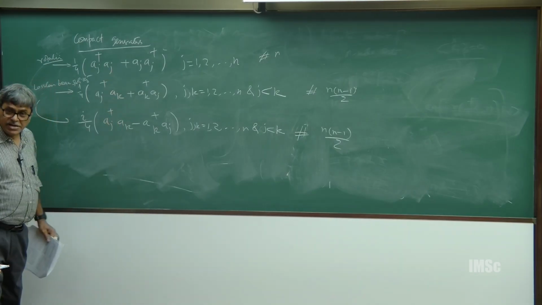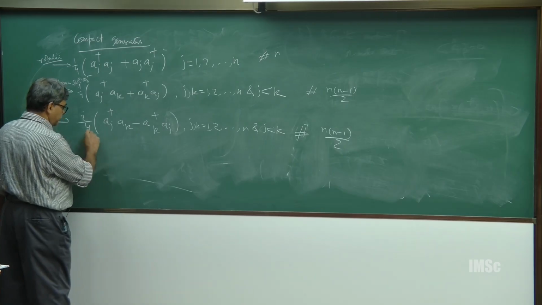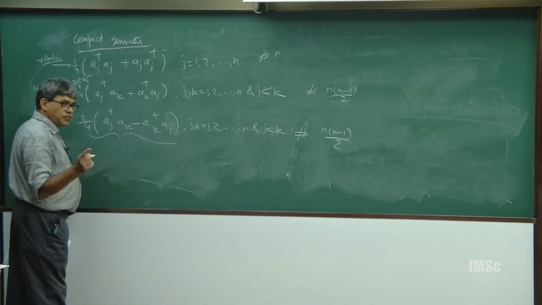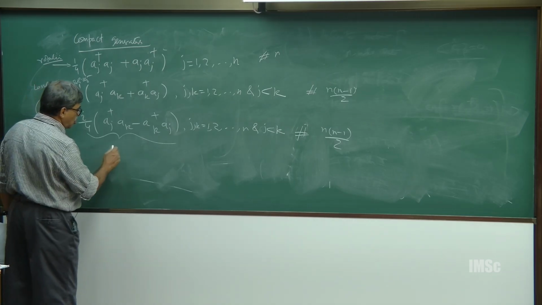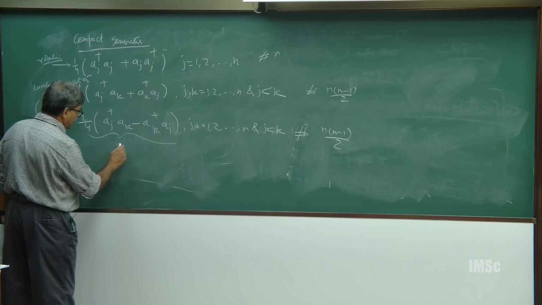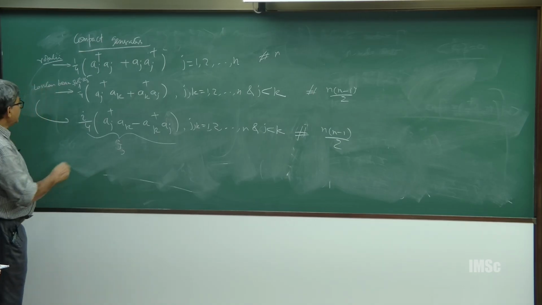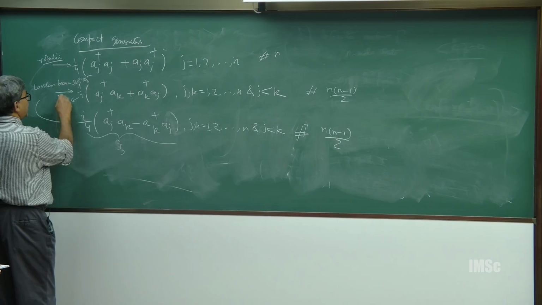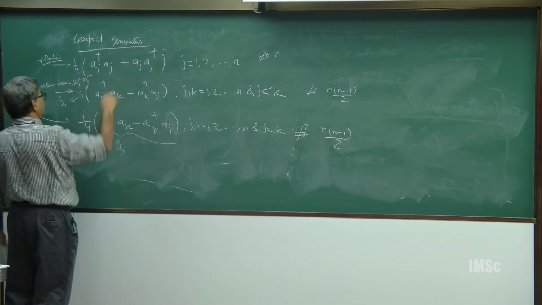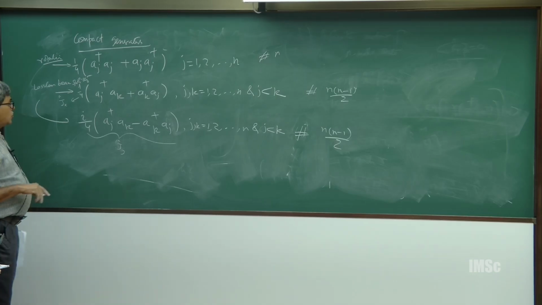If you remember, this corresponds to the double oscillator representation of SU(2), or JY, whatever you want to call it. This is the double oscillator representation of Jx, and this is the total number operator, something similar to that.